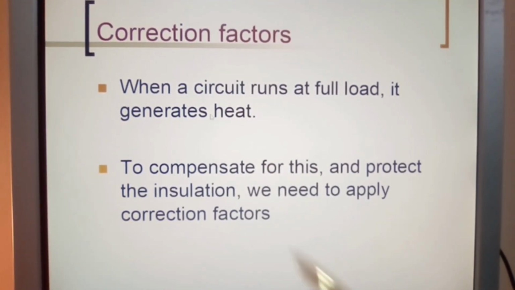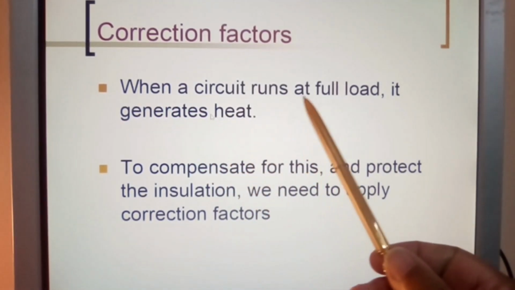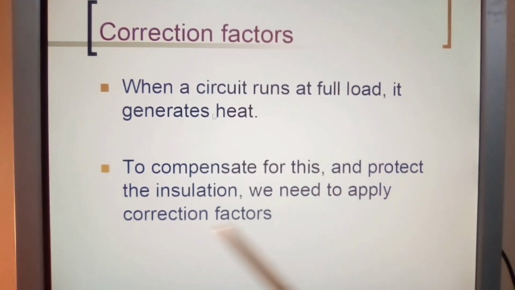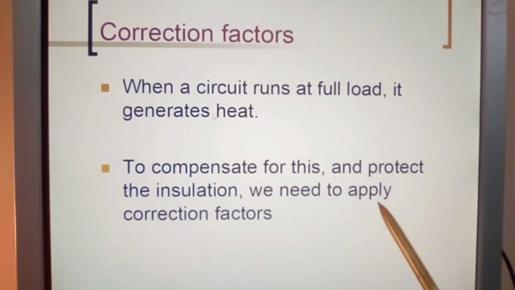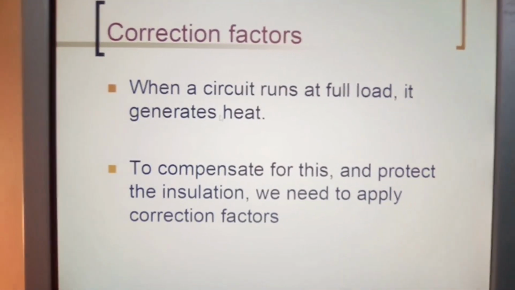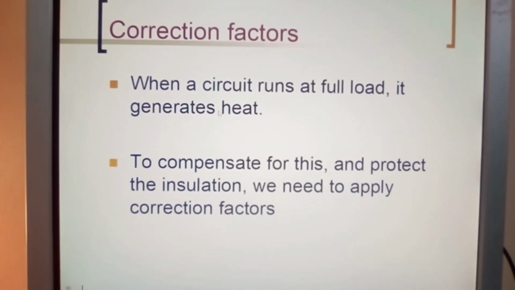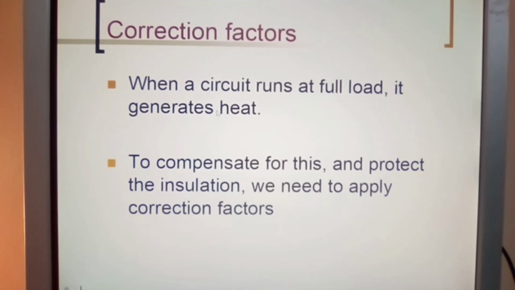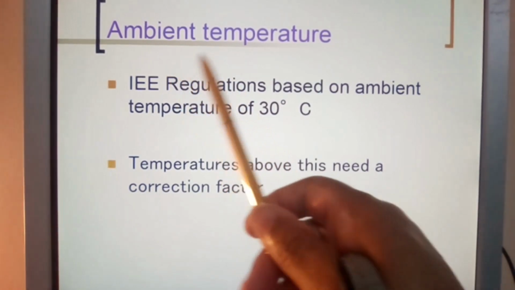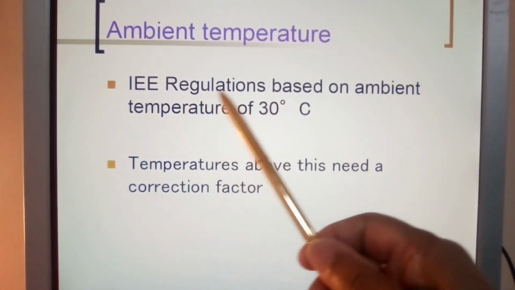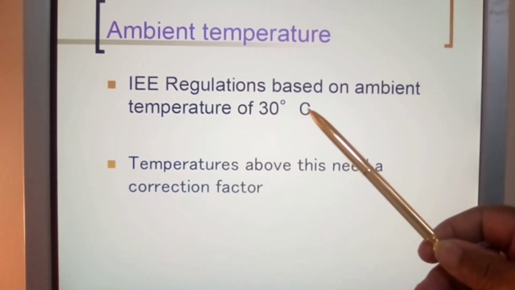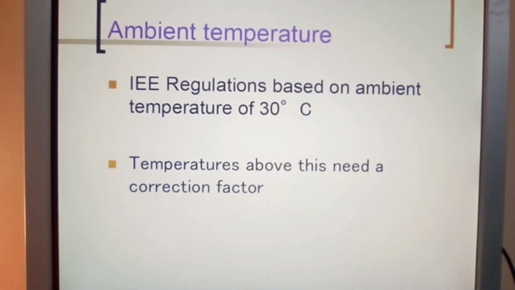Correction factors. When a circuit runs at full load, it generates heat. To compensate for this and protect the insulation, we need to apply correction factors. Ambient temperature: the IEE regulations are based on an ambient temperature of 30 degrees Celsius.